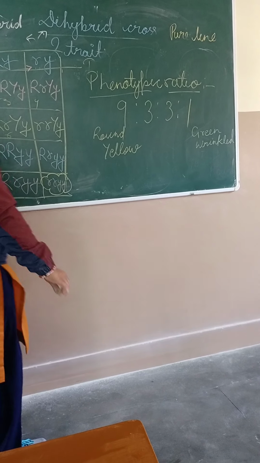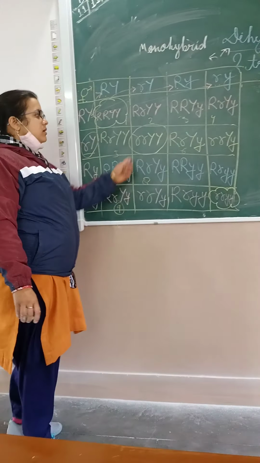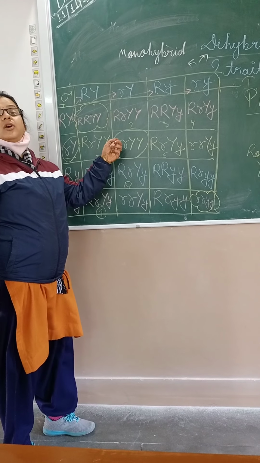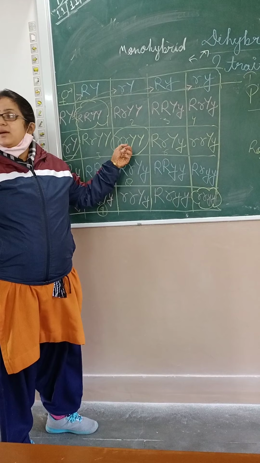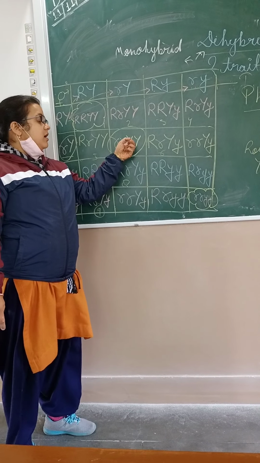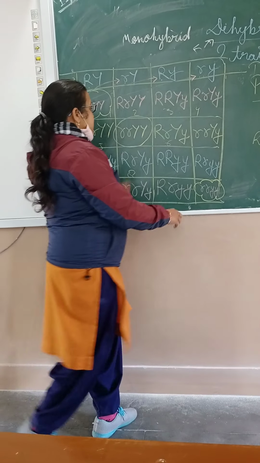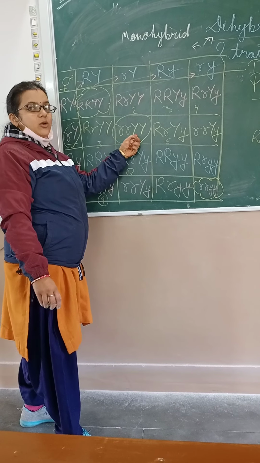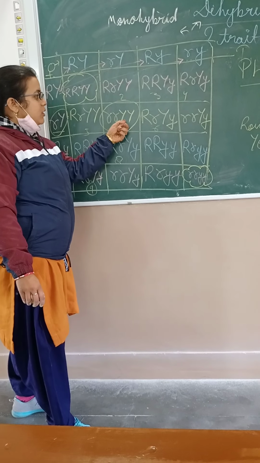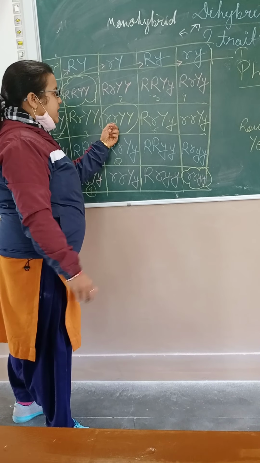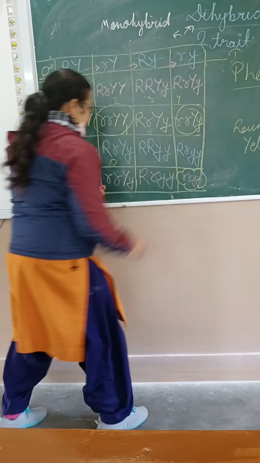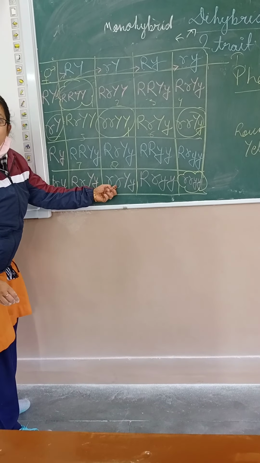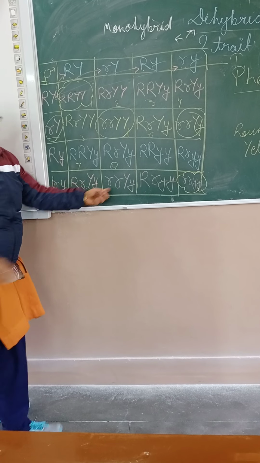About the 3. I am telling you about the wrinkled. Small r means wrinkled and capital Y is for yellow. It's wrinkled yellow. Okay, wrinkled yellow. Identified. One is wrinkled yellow here. One is wrinkled yellow here. And where is wrinkled yellow here? Is it true?